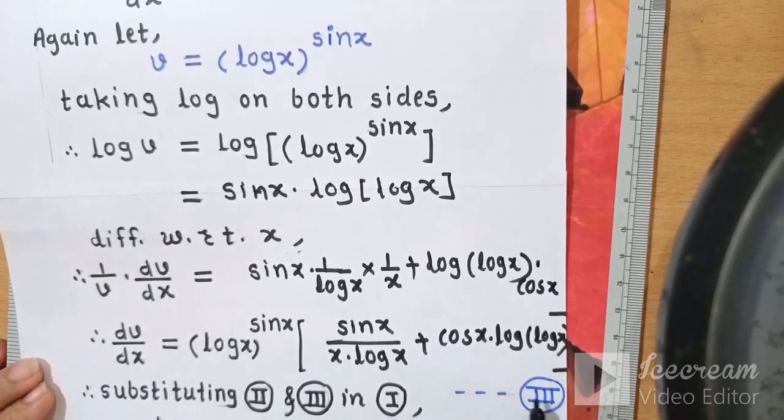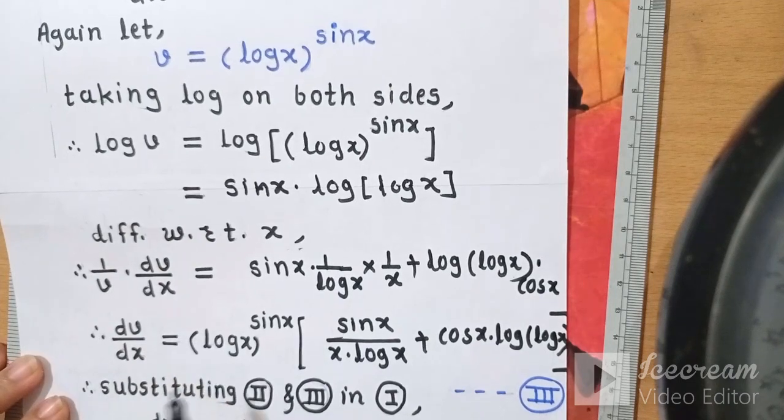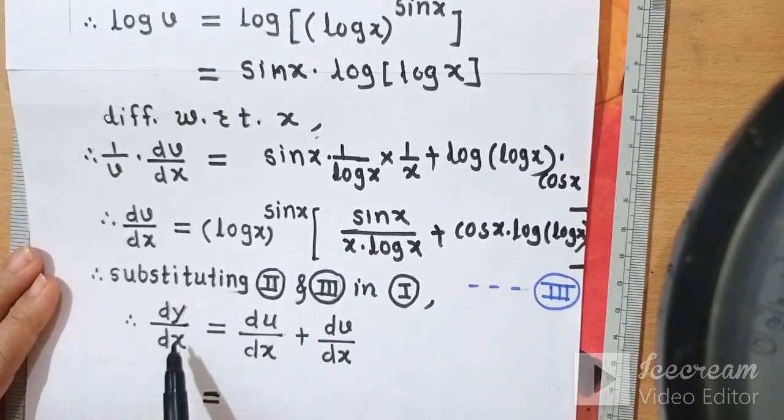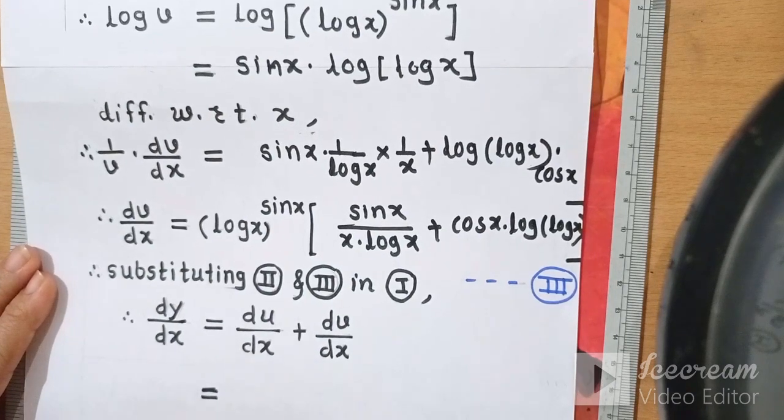Now say this is the third one, that means dv by dx, and substitute this second and third in equation number 1, which is dy by dx is equal to du by dx plus dv by dx.